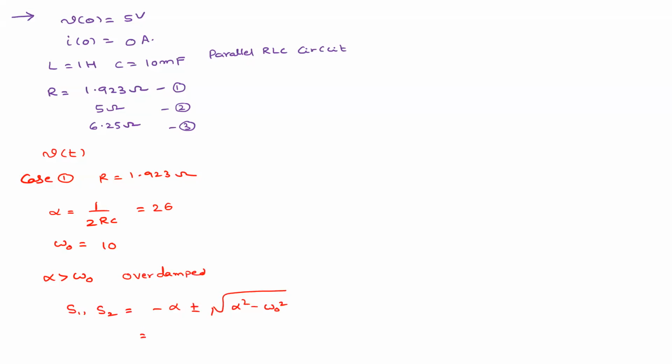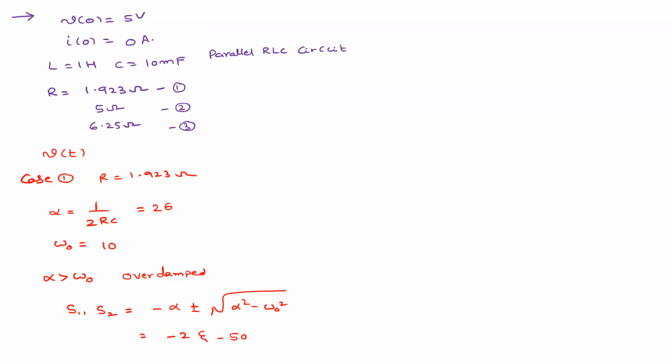Alpha is 26, so it is minus 26 plus or minus 24, which gives minus 2 and minus 50.